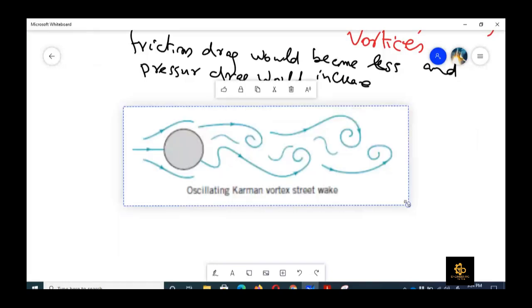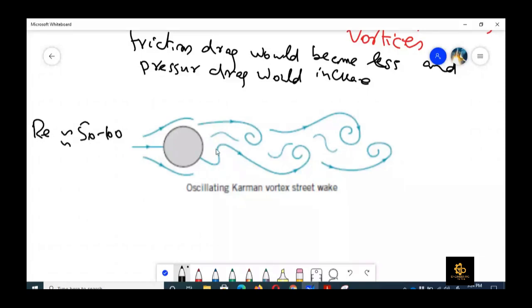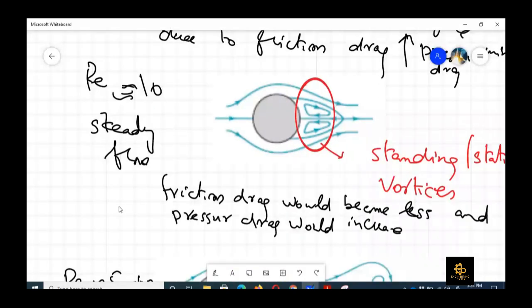Okay, so now if we increase the Reynolds number in the range of 50 to 100, you can see those standing vortices, which were stationary, going to move with the flow.